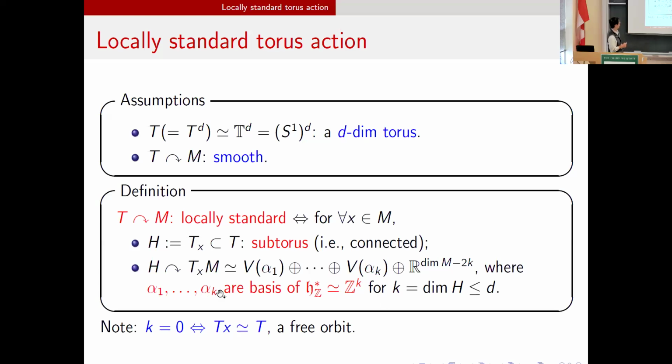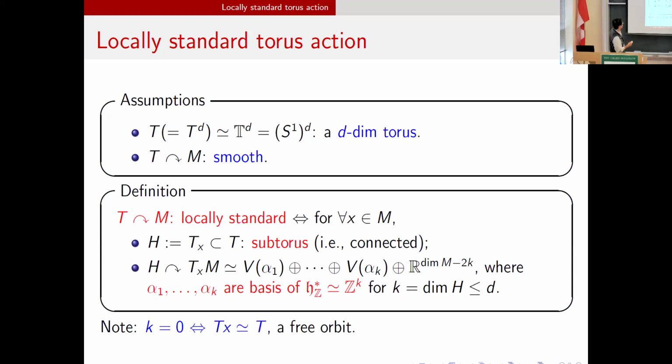These two are the conditions of the locally standard torus action. Of course, we can also take K equals 0. In this case the isotropy subgroup is trivial, so the orbit is a free orbit. This is our definition of the locally standard torus action.